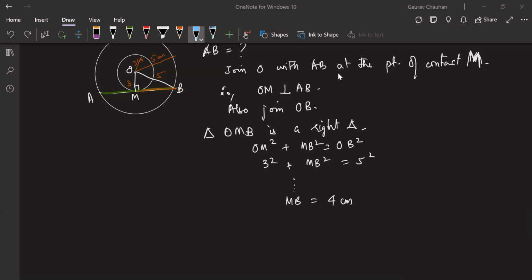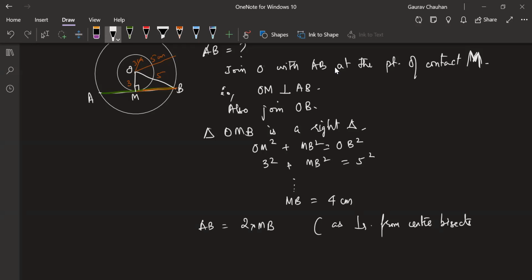Riza, remember this theorem? Yes, sir, got it. We're seeing the bigger circle now. A perpendicular to the chord from the center bisects it. Therefore, AB is equal to 2 into MB, as the perpendicular from the center bisects the chord.